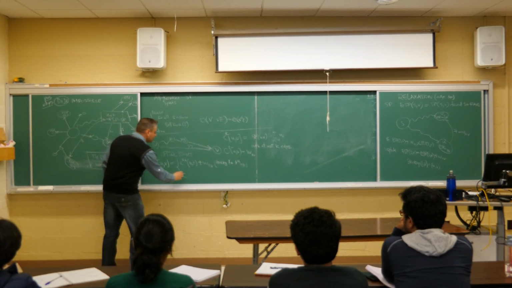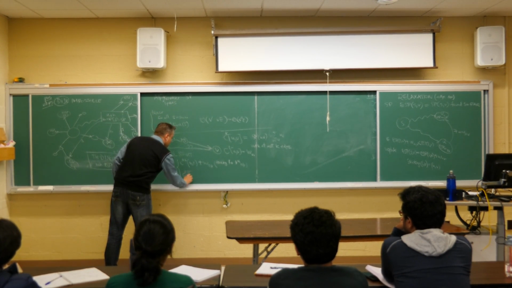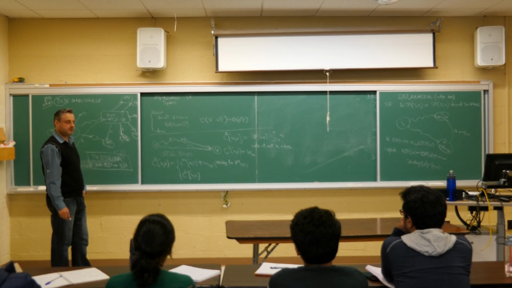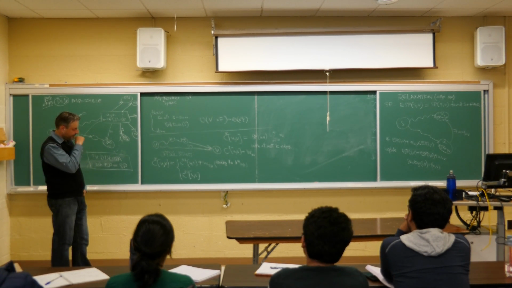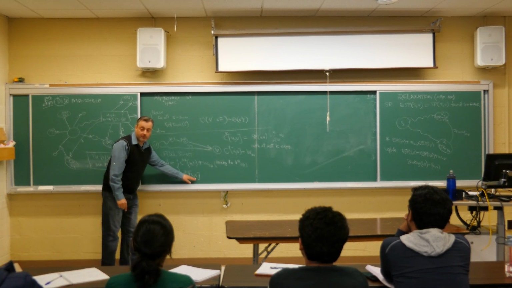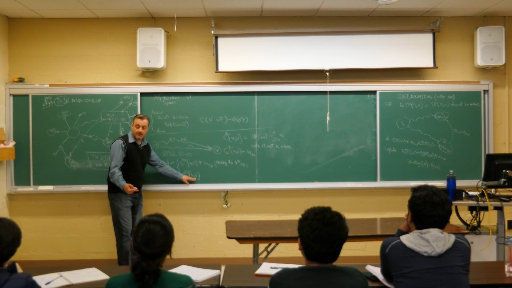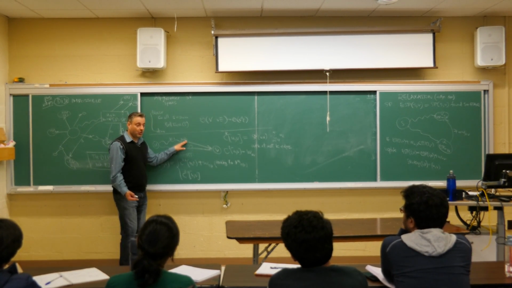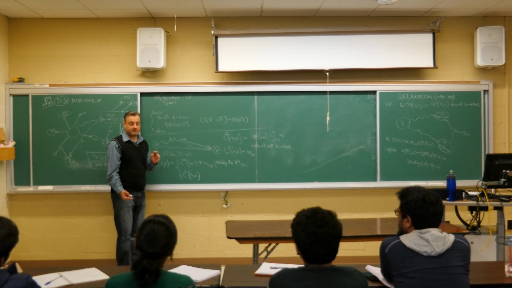Is that correct to say K minus 1 from U to V? So this is the best way to go from U to V only using K minus 1 edges. This is going K minus 1 to some node and then adding an edge.